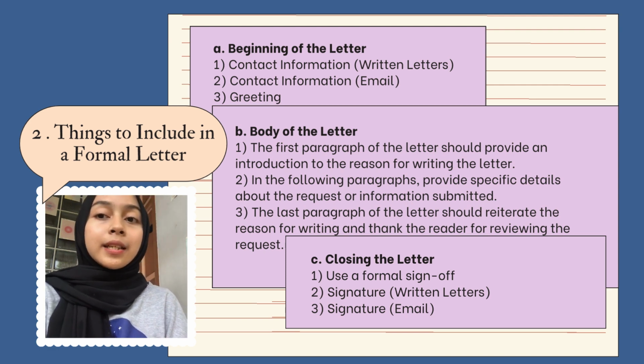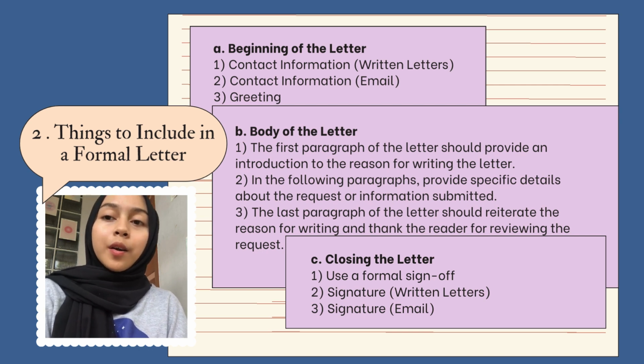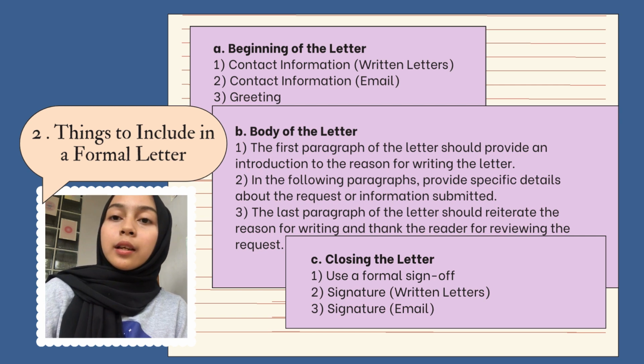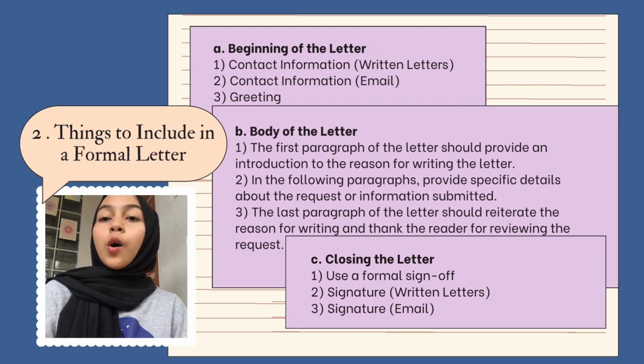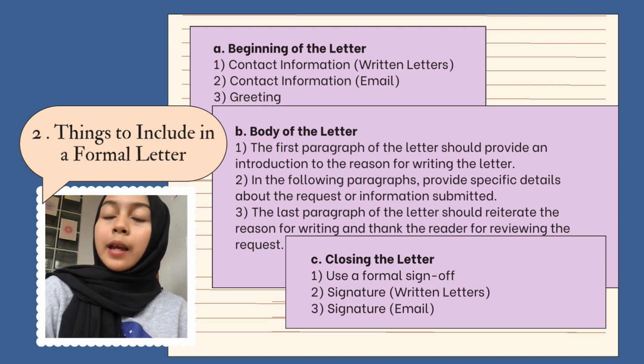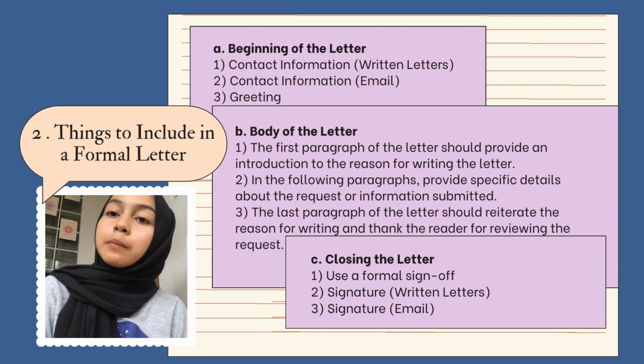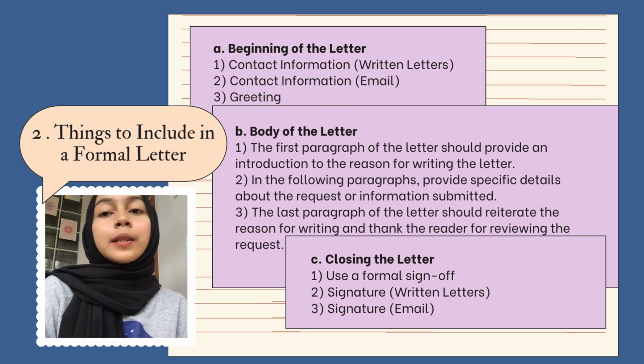The first is contact information for a written letter. A letter must include the personal contact information of the letter writer and recipient, like name, title, company name, address, phone number, or email, followed by the date.